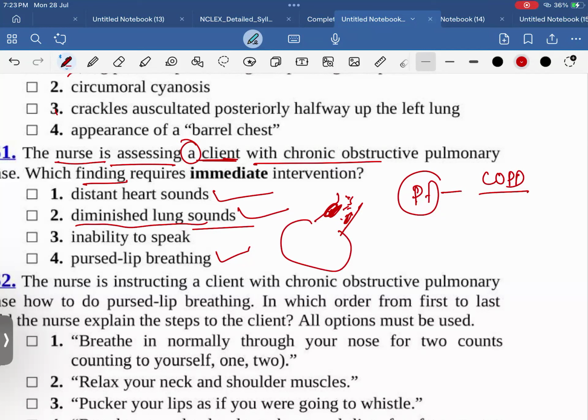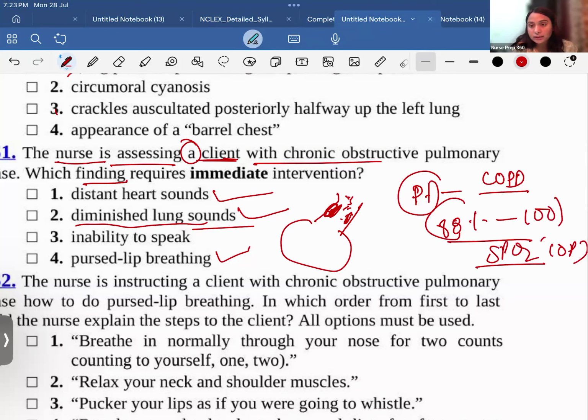The normal SpO2 we consider is 95 to 100, but the SpO2 value of a patient with COPD is an exception, around 88%. Similarly, their airways have been fused together, so you will not be able to clearly feel their lung sounds because some kind of obstruction is present throughout their lifetime. That's why this is not the answer.